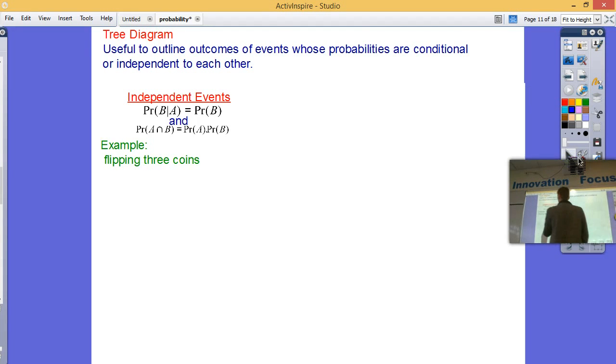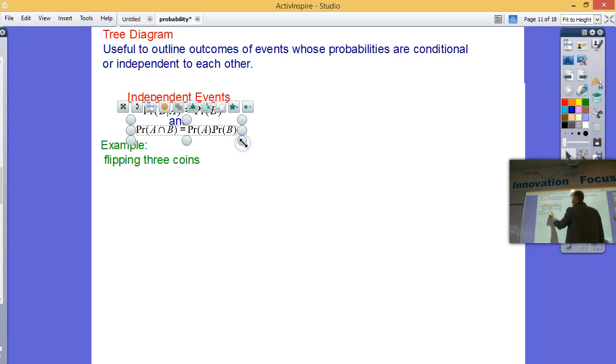So let's consider what it looks like if we've got events that are independent of each other. That means probability of B given A is just probability of B, does not depend on the outcomes of event A. And the intersection rule holds true for this as well.